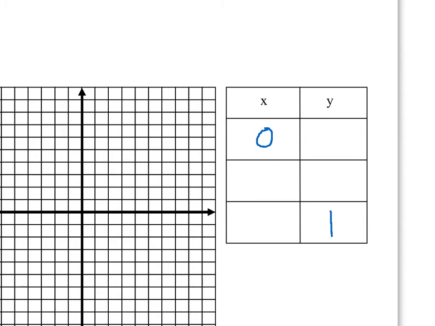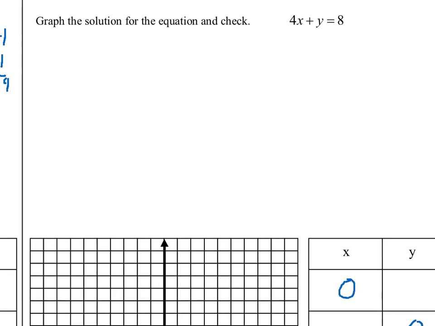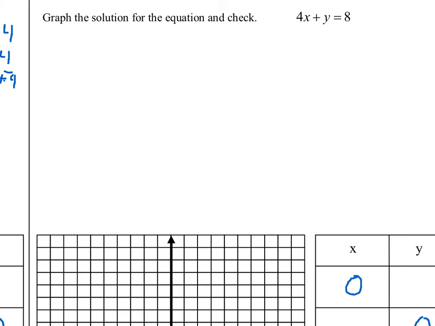We need one more point. Rebecca? 0 for y. So with standard form equations, you always want to pick your two zeros. 0 for x, 0 for y. From there, we're going to have to be a little bit sneaky because actually I think we're going to find that we're not really going to like what happens when we plug in 1.